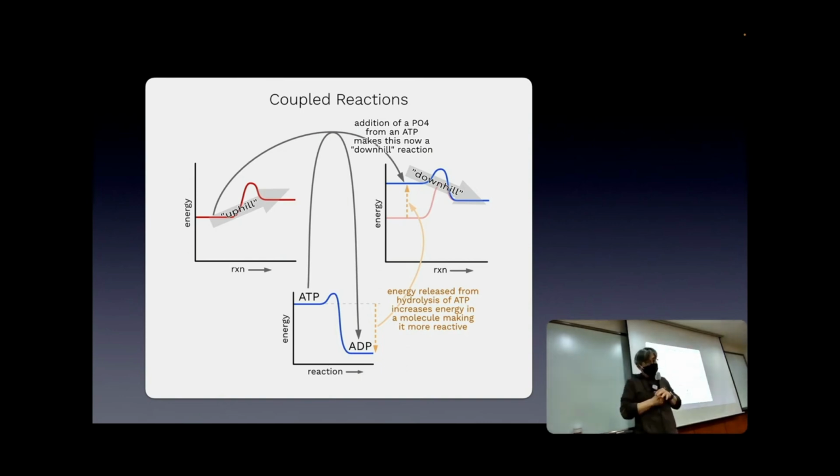In other words, an enzyme can make any non-spontaneous reaction possible by energy coupling, which means coupling one non-spontaneous reaction with one very big spontaneous reaction, so that the overall reaction becomes spontaneous.